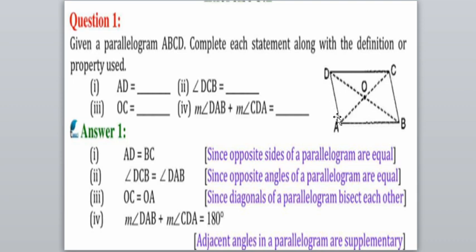We know that angle D and angle A are adjacent angles, and adjacent angles are supplementary, and if these two angles are supplementary then the measure is 180 degrees. Therefore measure of angle DAB plus measure of angle CDA equals 180 degrees because adjacent angles in a parallelogram are supplementary.